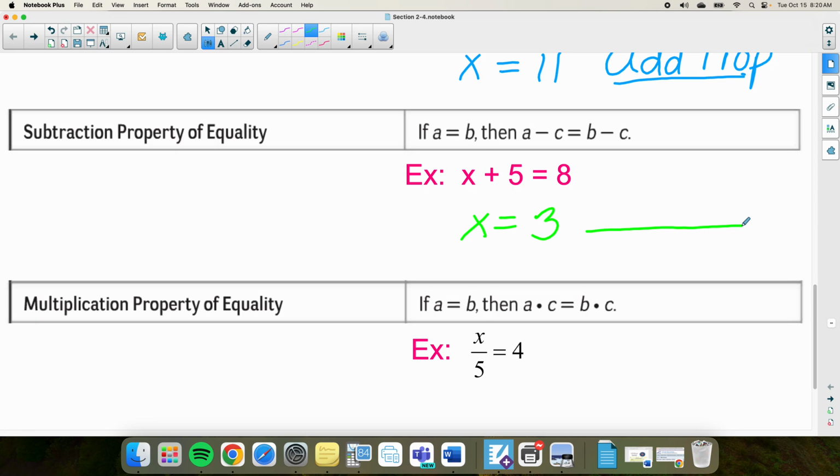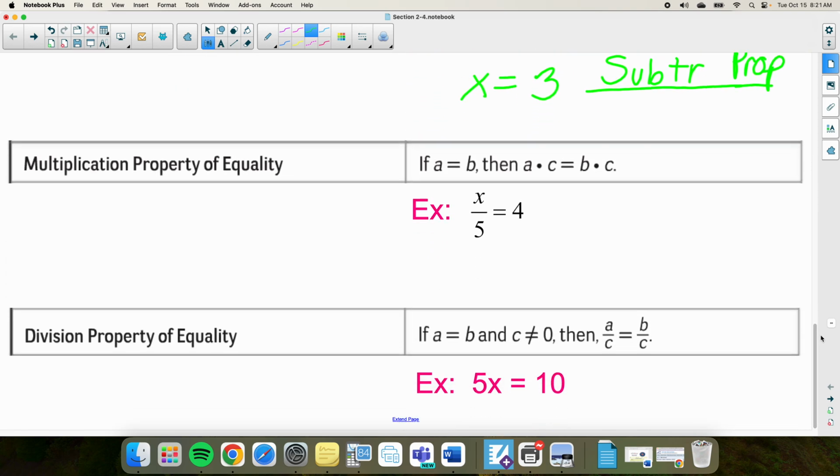So don't do SUB for subtraction, because if you did, it would be wrong, because I wouldn't know if you meant subtraction or substitution. So what we do for subtraction is SUBTR, and then that would be prop.